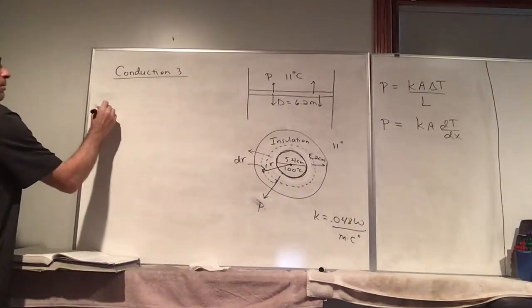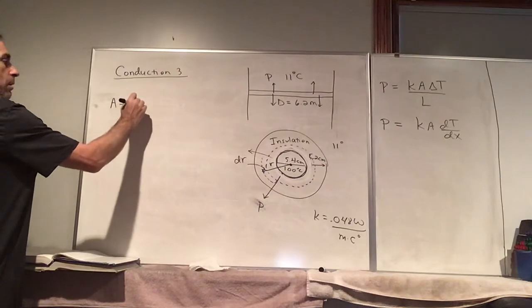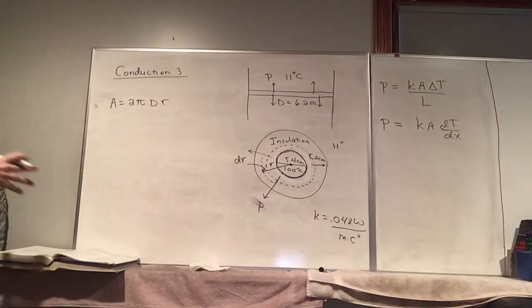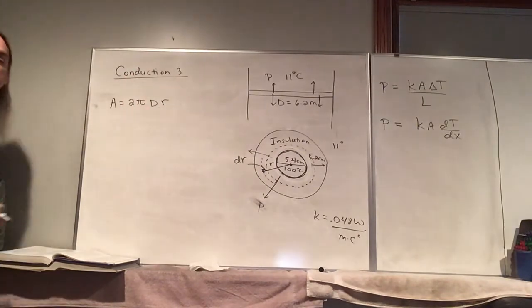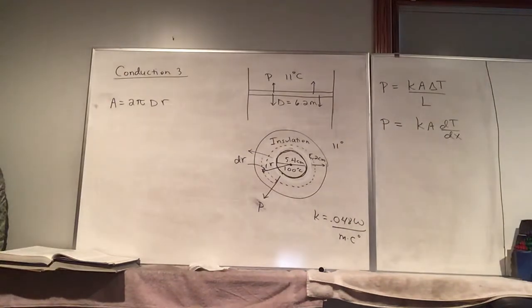So we have power. I'm going to rewrite this formula. If we just did this directly, we'd have d times 2 pi r. But r is the variable that's going to be changing, so I put that at the end.